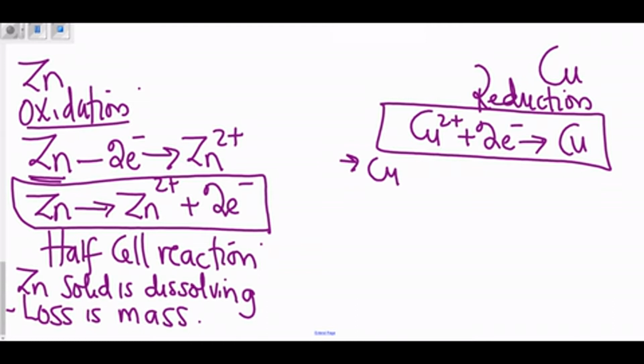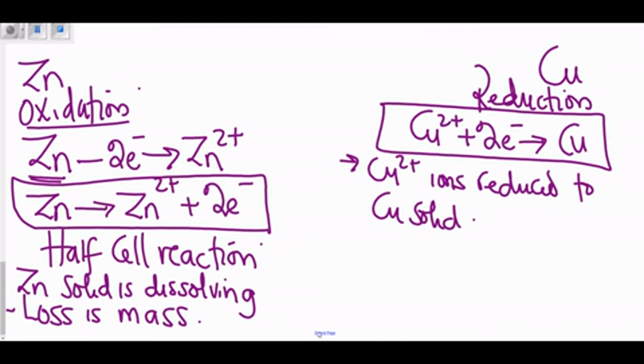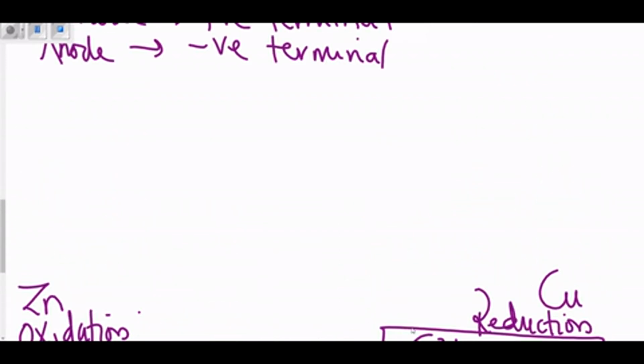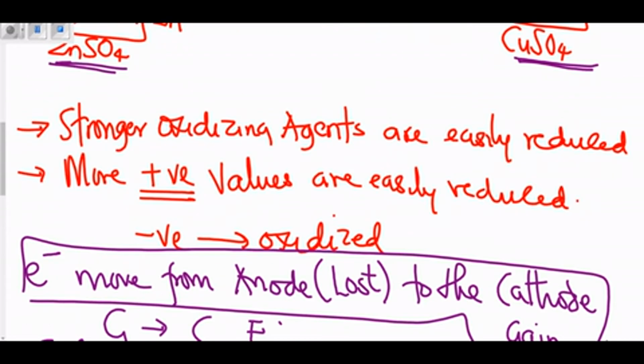We have copper 2 plus ions being reduced to copper solid, which means there is an increase in mass. Let's go back up quickly to get this very clearly.